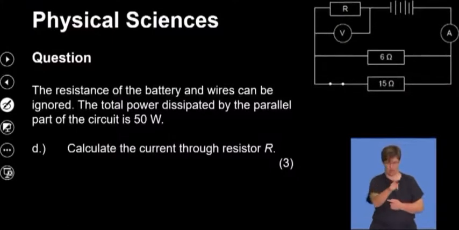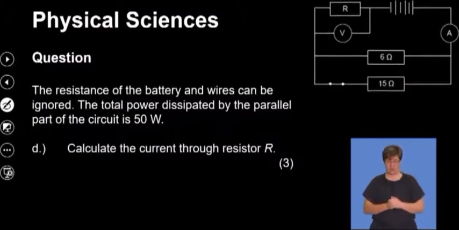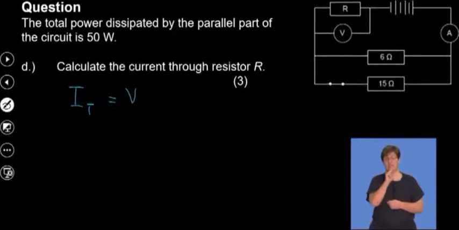So what do we know? We know that the total current passes through the two resistors, the 6 ohm and the 15 ohms, or rather the total current is split between those two. So if we can find the total current in the parallel combination, it's exactly equal to the current that passes through R. So the total current, which is the main current, is equal to V parallel divided by R parallel.